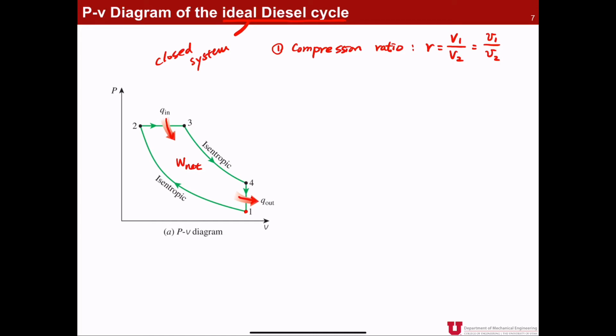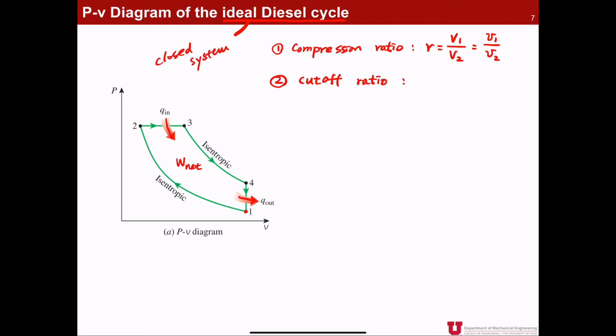However, there is another ratio that we have to think about when we deal with the diesel cycle, because during this combustion process, your volume also changes from 2 to 3. So the question is, how much volume expansion should happen during this combustion process? That is another design parameter, and we call this the cut-off ratio.